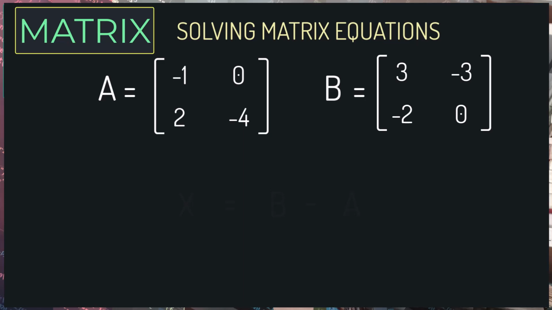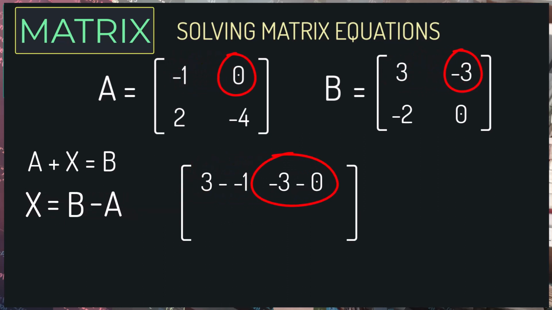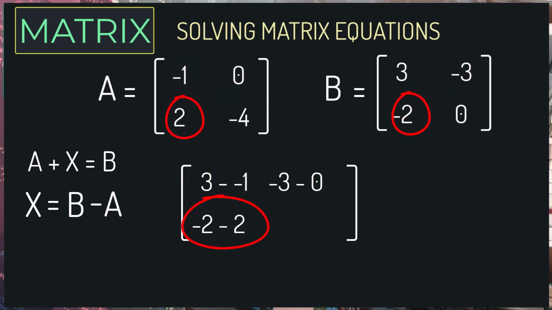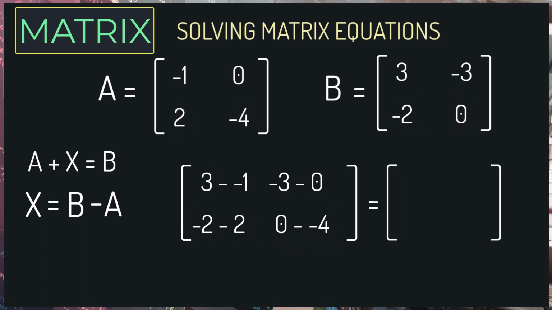It is also given that A plus X equal to B. We need to find the unknown matrix X. So X can be found by X equal to B minus A. That is matrix 3 minus minus 1, minus 3 minus 0, minus 2 minus 2 and 0 minus minus 4, which is the matrix 4, minus 3, minus 4 and 4. Thus, we find the unknown matrix using the given equation.